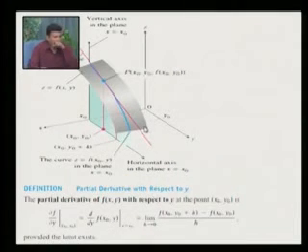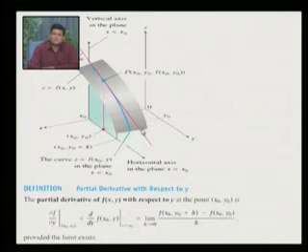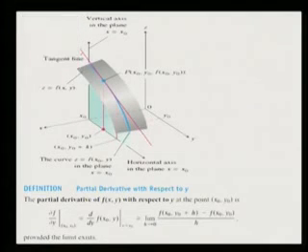Now if I take the partial derivative with respect to y, in that case x is constant. If you cut this surface by the plane x equal to x0, then you will get this blue curve. In the same way you will get two points: this is x0, y0 and this is x0, y0 plus k.